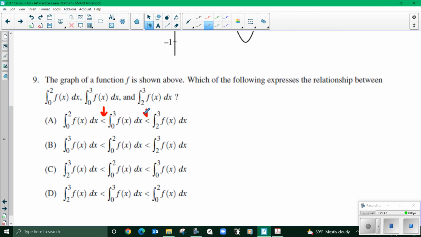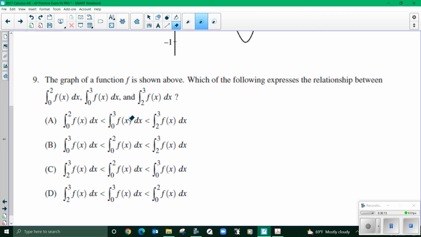So if you want, you can look and say the left one is smaller than the middle, which is smaller than the right one, or you can say this is bigger than the middle, and the middle is bigger than this one. So either way, I'm going smallest to largest, largest to smallest, whatnot. I'm just going to read this left to right, and my smallest area should be listed first.